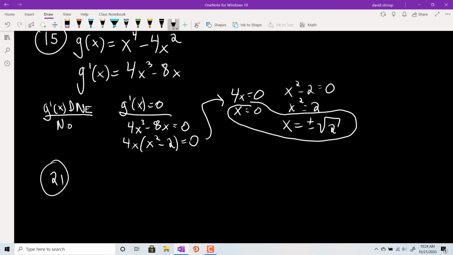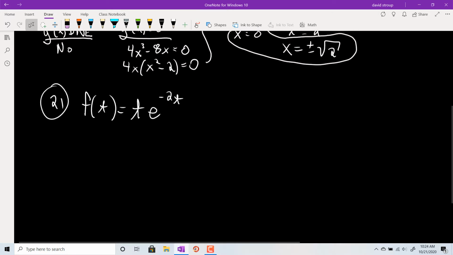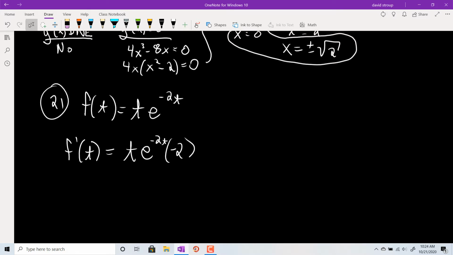So here's problem 21. f of t equals t e to the negative 2t. This is going to require a product rule. There's also some chain rule in there. So f prime of t, I'll leave t alone. Then the derivative of e to the negative 2t is e to the negative 2t times the derivative of the exponent, which is negative 2. Then I'll take the derivative of this first part.